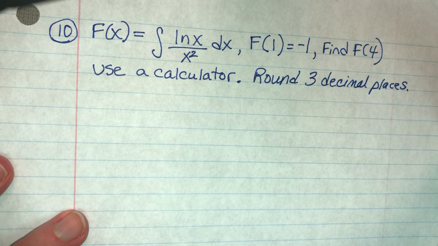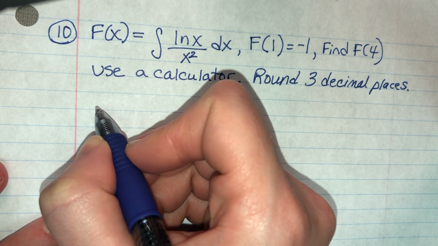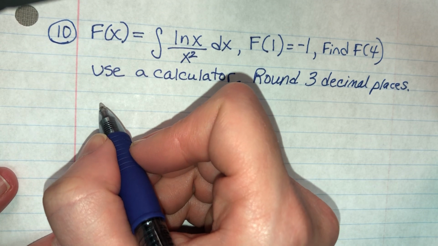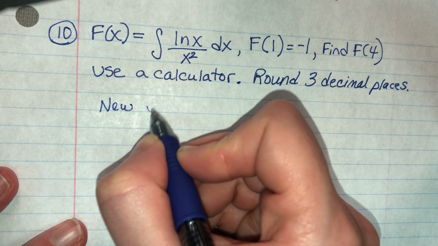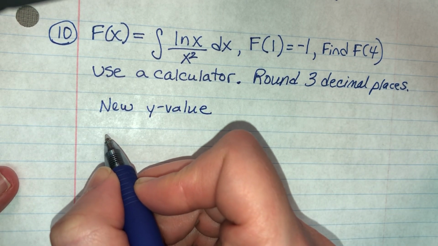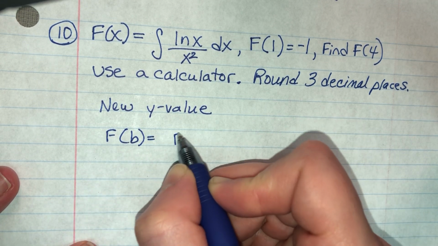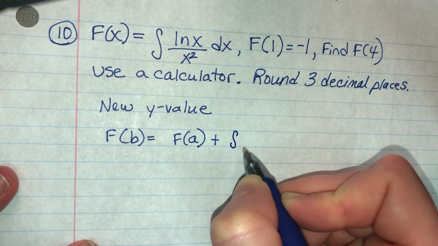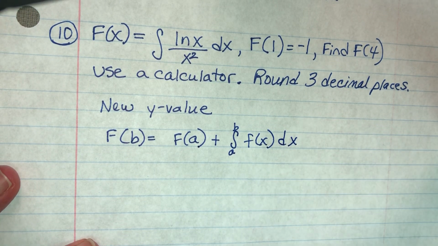But we're going to use the new y-value formula that I showed you, that is a special extension of the first fundamental theorem of calculus, or the fundamental theorem of calculus part 1. So the new y-value note card says that f of b equals f of a plus the integral from a to b of f of x dx.